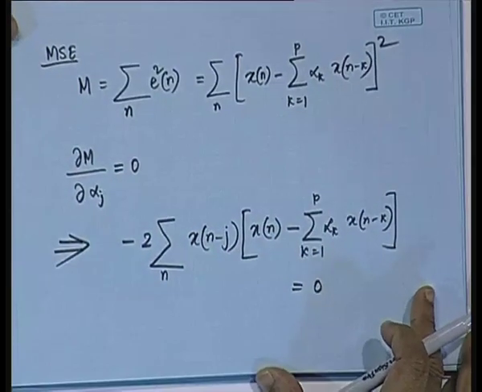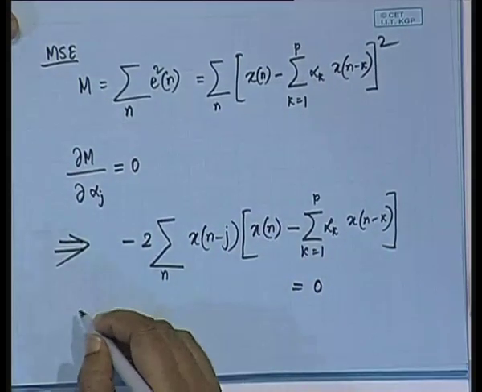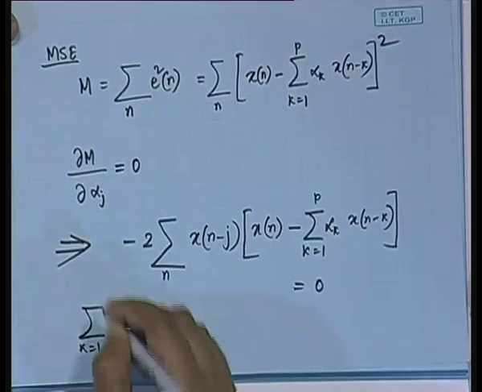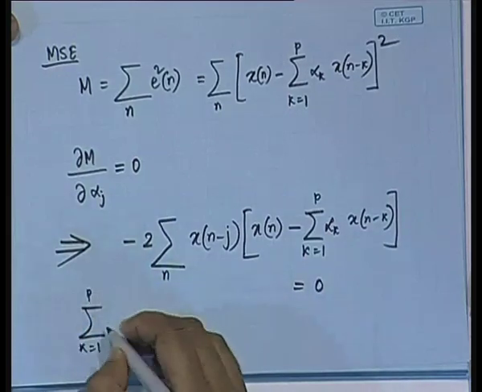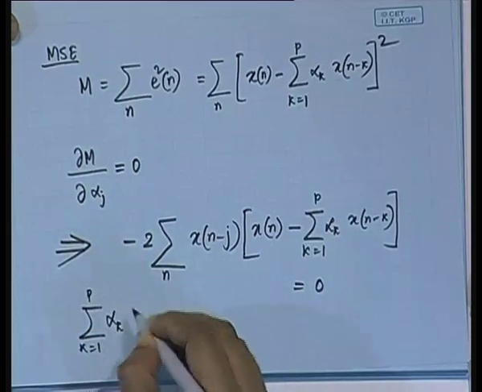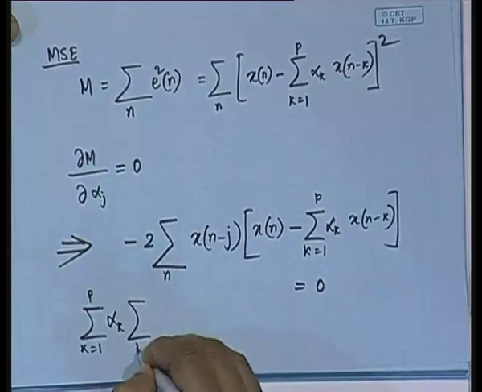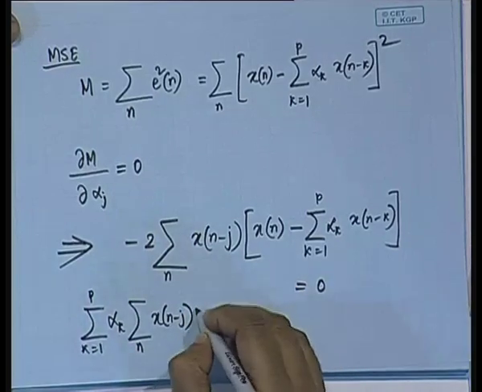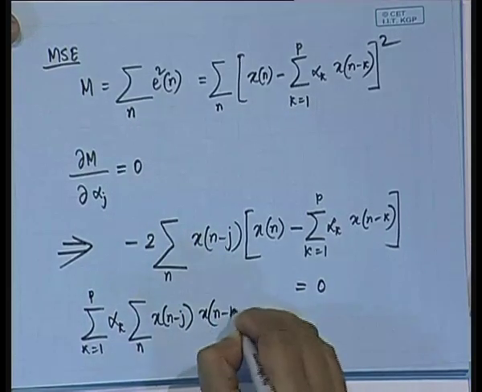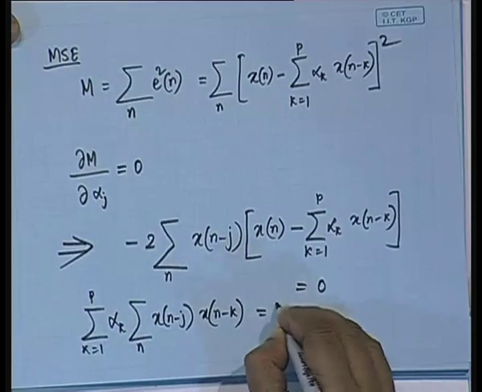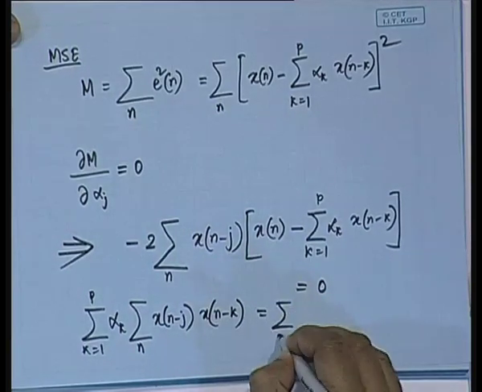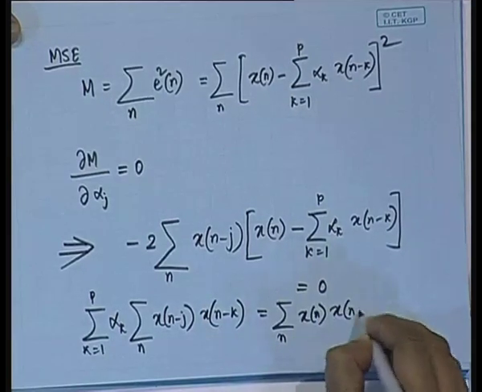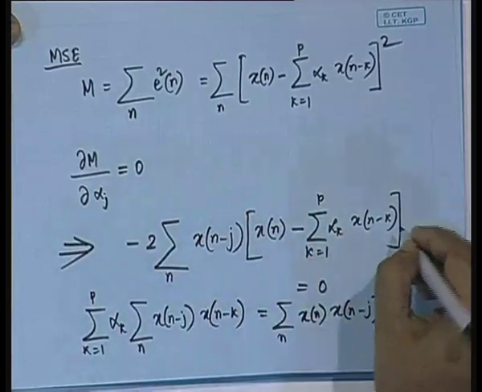If this becomes equal to 0, in that case we obtain that summation k equal to 1 to p alpha k into summation over n x of n minus j into x of n minus k will be equal to the summation over n x of n into x of n minus j. It follows directly from this equation.